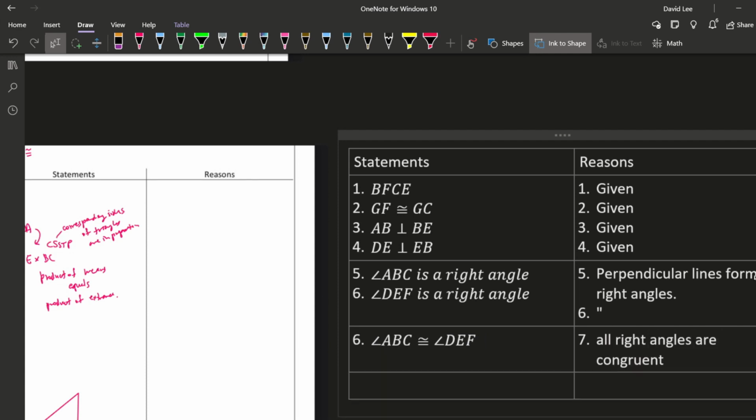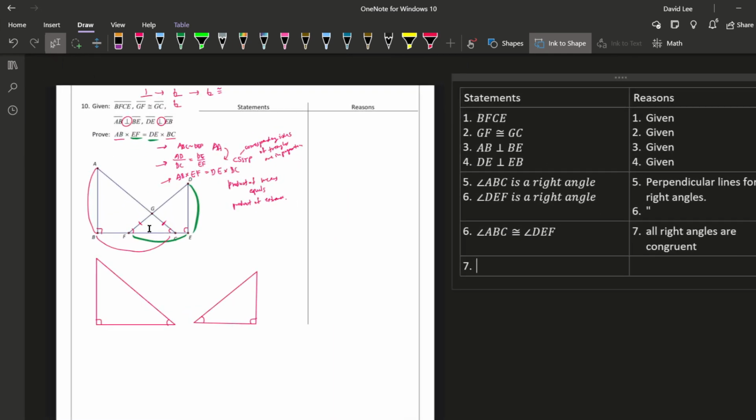And then we can say this little triangle is isosceles, by the isosceles triangle theorem. So then we can say angle GFC is congruent to angle GCF, and this is angles opposite congruent sides are congruent.